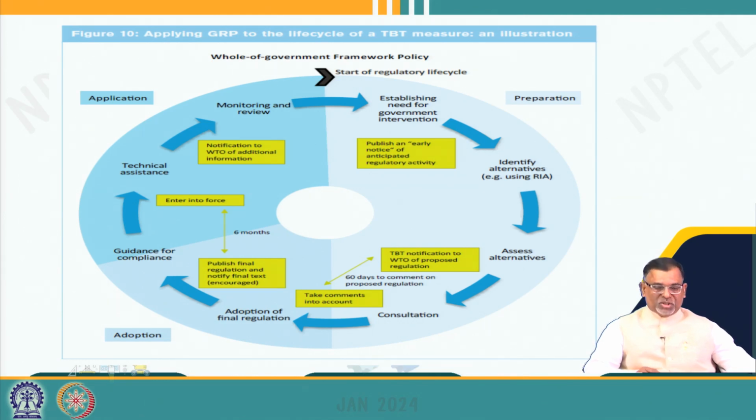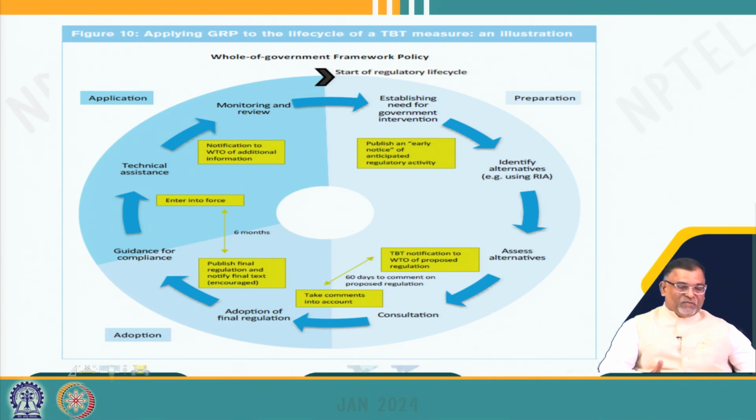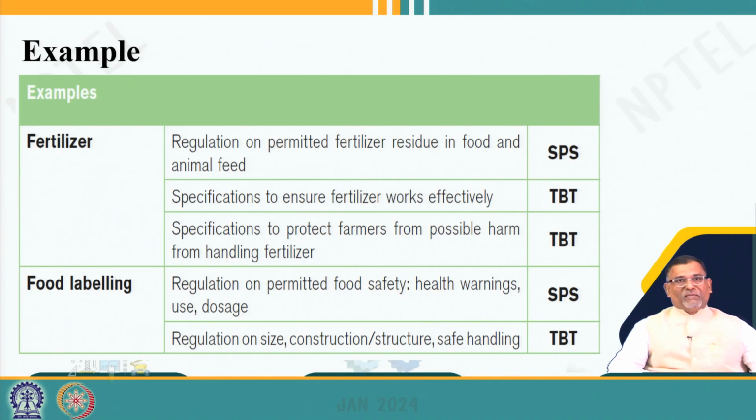So, you make a regulation, publish it, and then report it to the WTO committee and take comments into account, then publish the final regulation, notify the final text, then enter into force, and finally provide additional information to the WTO. So, you can see, in the yellow color, how the regulatory life cycle of TBT measures is adopted by countries at their domestic level.